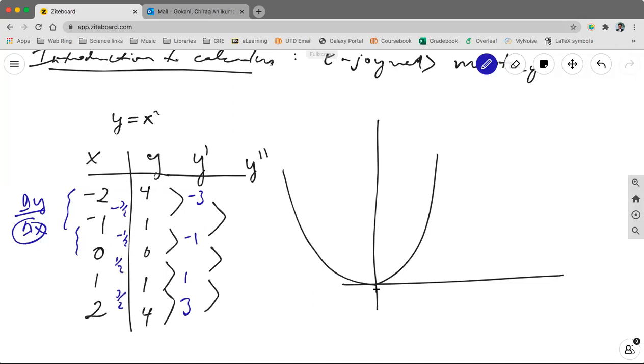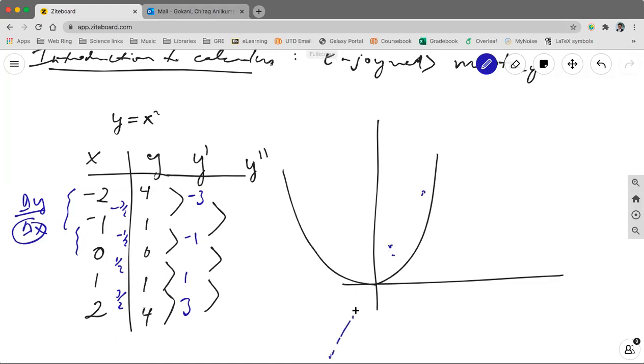I can plot it if you want. I don't want to take too much time on this, but negative 3/2, negative 1/2, 1/2, 1, that's somewhere here, and then 3/2, 3, that's somewhere there.